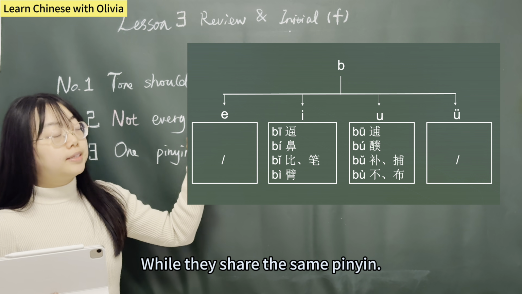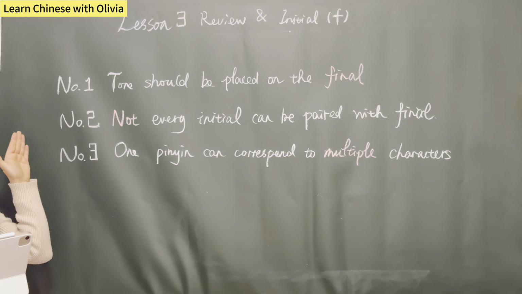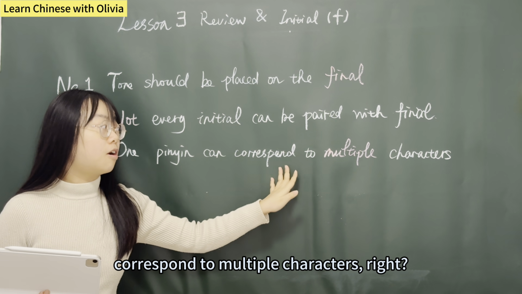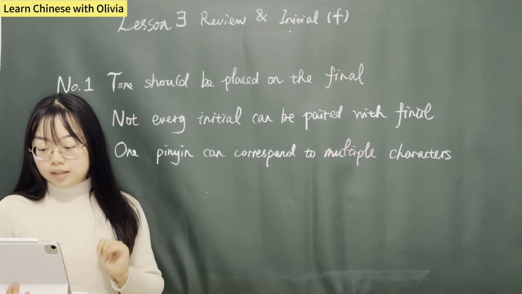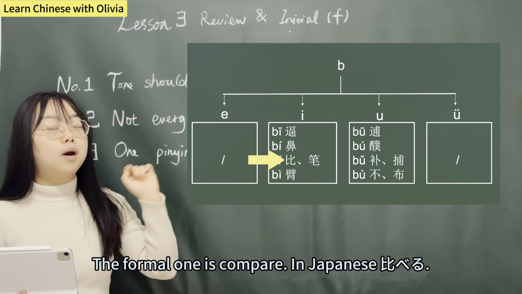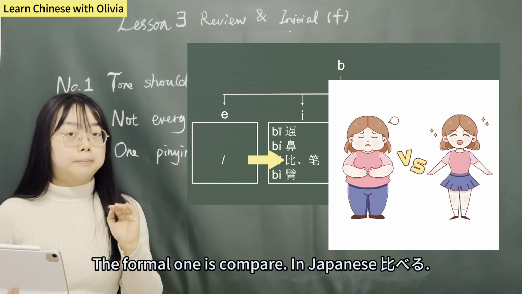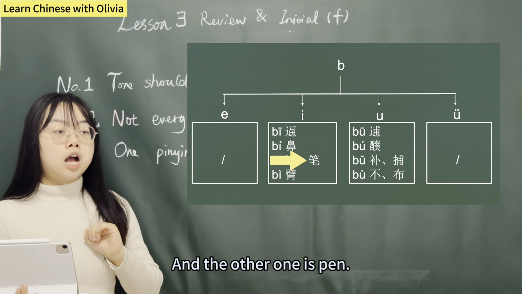But they share the same pinyin. So that matches number 3, right? Correspond to multiple characters. So the formal one is compare. In Japanese, kuraberu. And another one is pen.